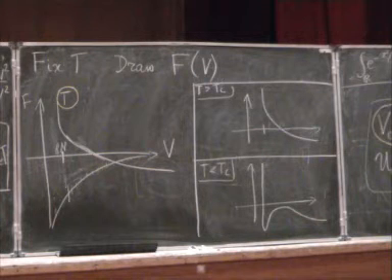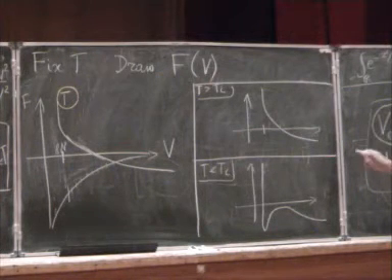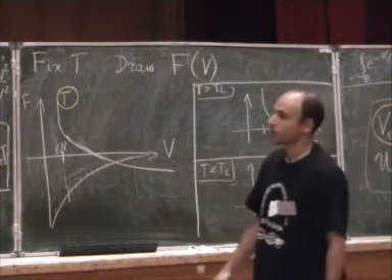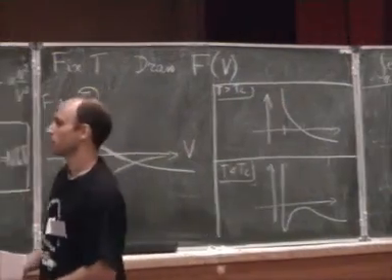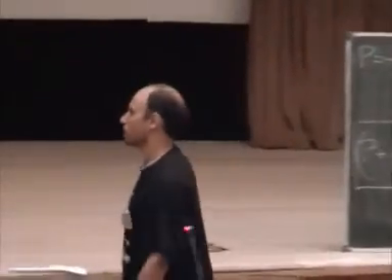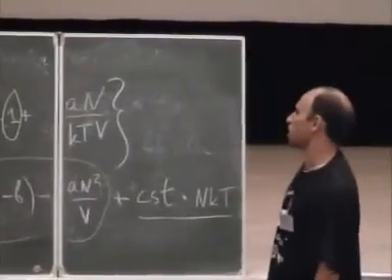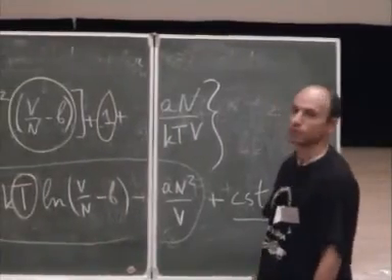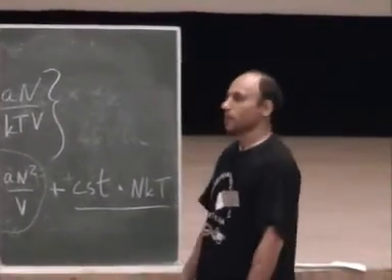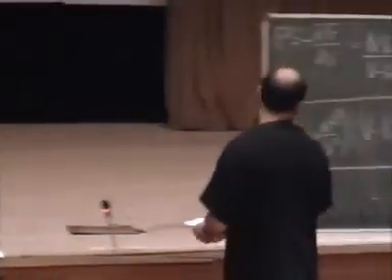And what is the critical point? The critical temperature, you can compute it. You should write the equation that df over dv is equal to 0. Okay, the physical meaning, I'll explain that in one moment.